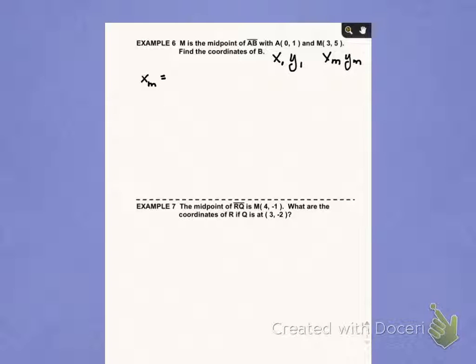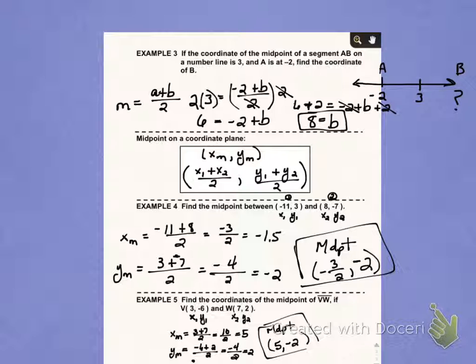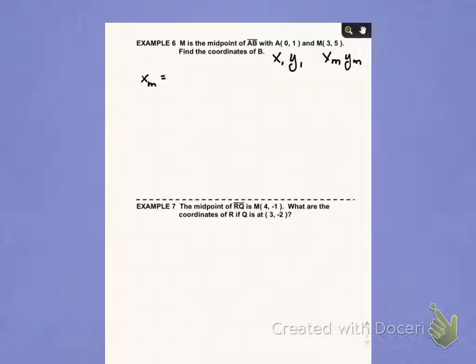x1 plus x2 over 2. If you go back and look, x1 plus x2 over 2. So let's go here. And so we know xm is 3 equals x1 is 0 plus x2 over 2, multiplied by 2 on both sides.